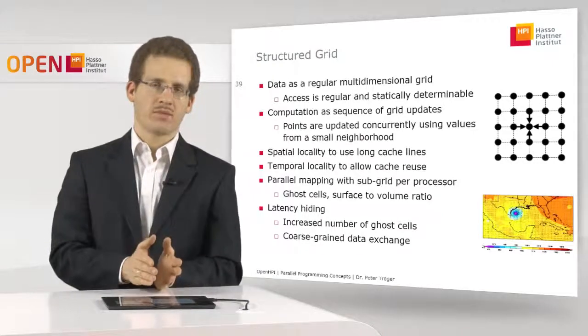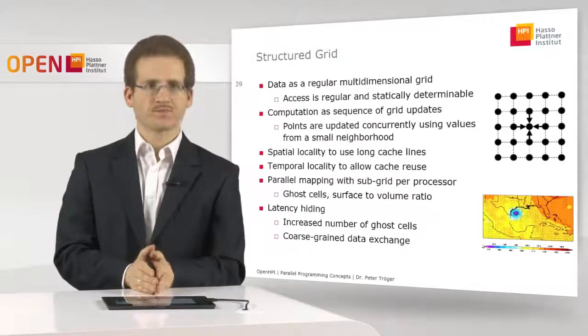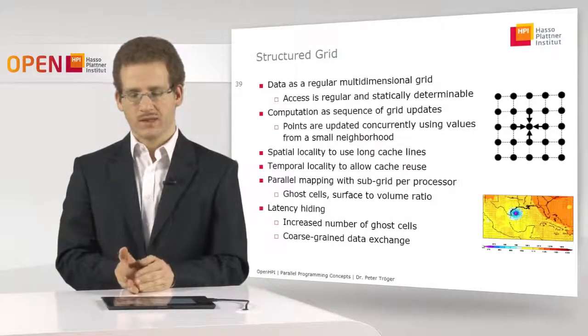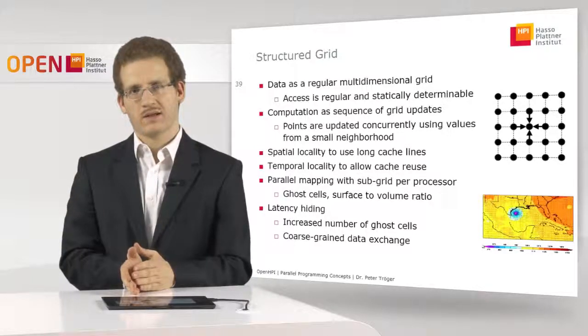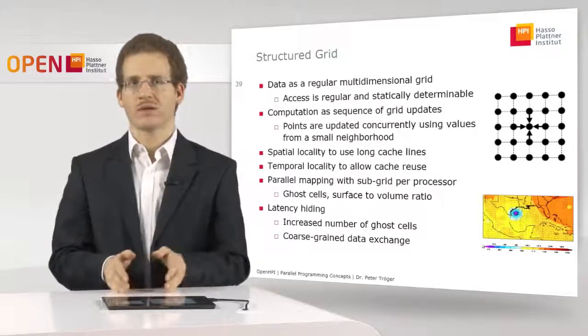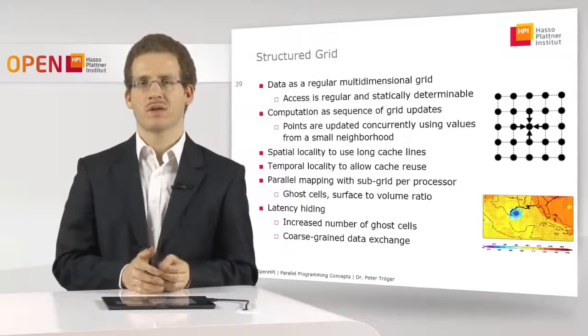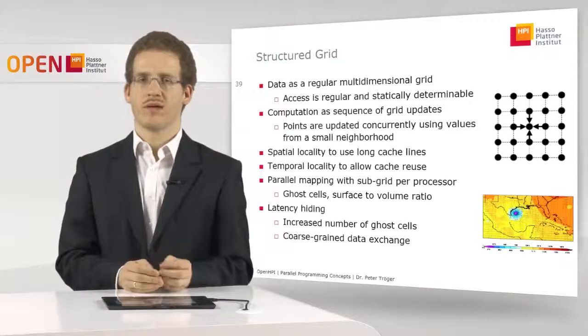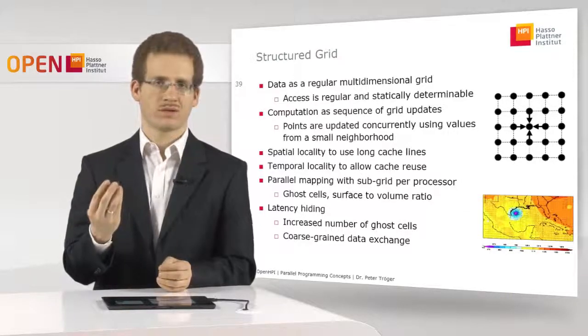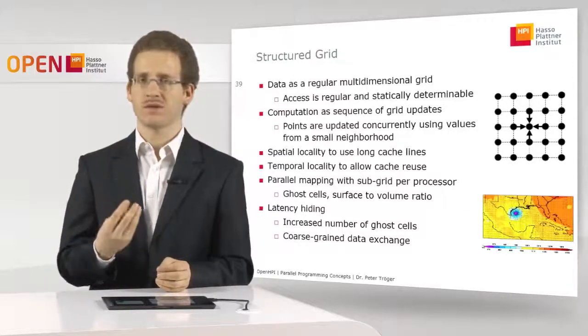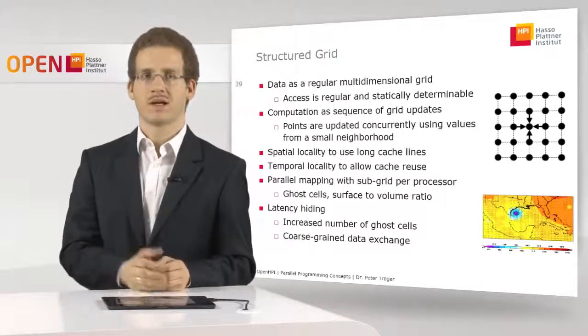The next example for a dwarf is structured grid. Structured grid is the idea that you have a regular organization of your data, and communication between the parallel activities happens in a local way. So computational tasks typically communicate with their neighbors, but not with all other points.